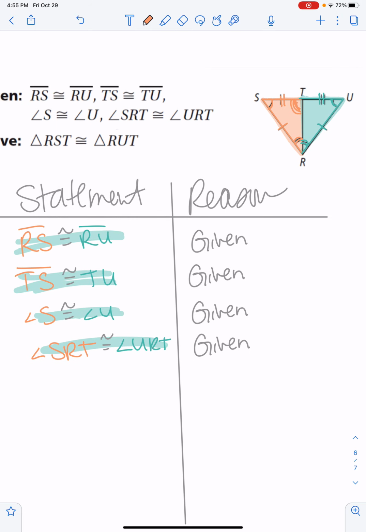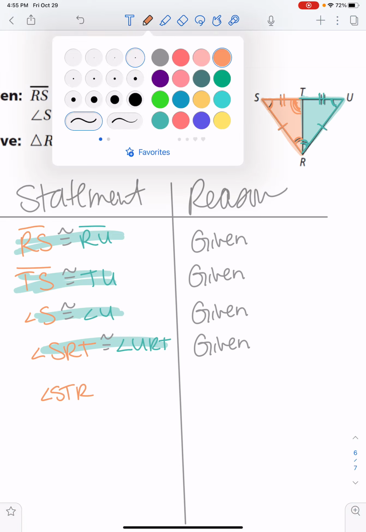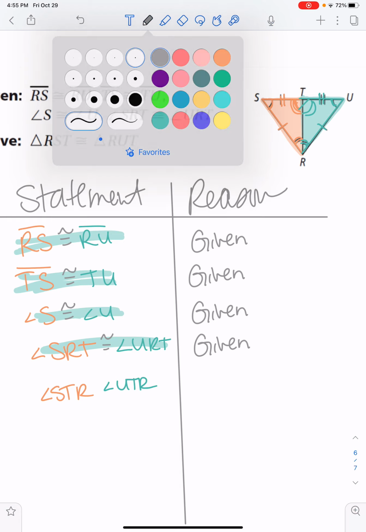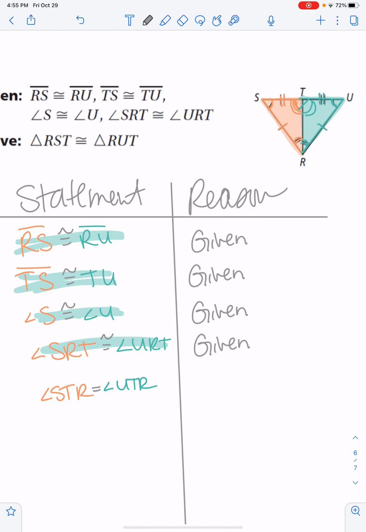So the angle that connects S to T to R has to be the same as the angle that connects U to T to R because of third angles theorem. So it's just because the other 2 match, so this one has to. Third angles theorem.